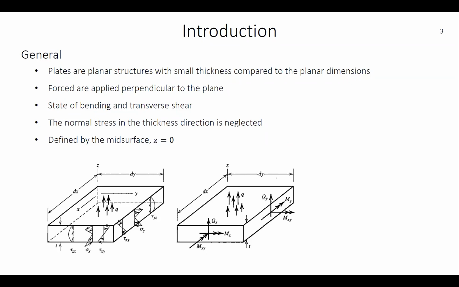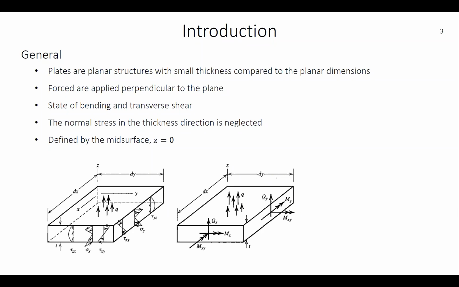So we have out-of-plane loading, and we have a state of bending and transverse shear potentially. And throughout all of the plate theory, the normal stress in the thickness direction is neglected. So if we have a coordinate system x, y, z, z being upwards or out of the plane, the stress in this direction is assumed to be 0.